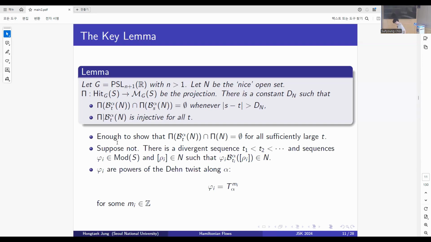From the lemma, this is why we have a nice open set. If this happens, we have very good control on the mapping class, so phi must be a power of a Dehn twist along alpha. So we can write it this way.